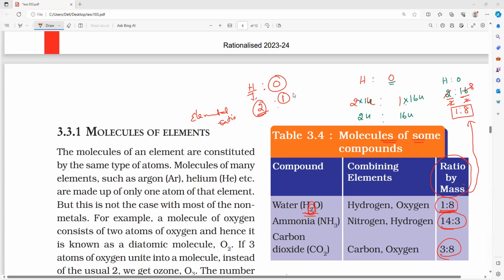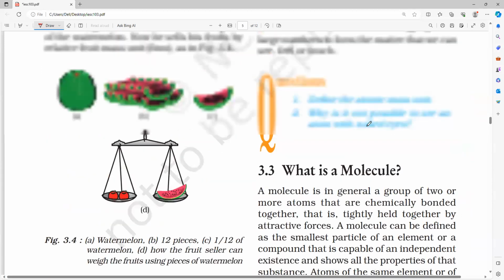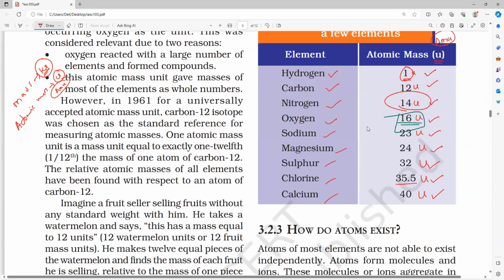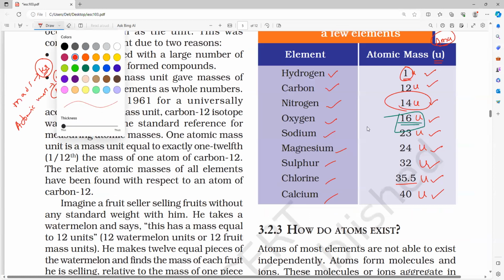Next, ammonia. What is the elemental ratio? Nitrogen, how many? 1 nitrogen. Hydrogens, how many? 3. What is the nitrogen atomic mass? Verify it. 14U.